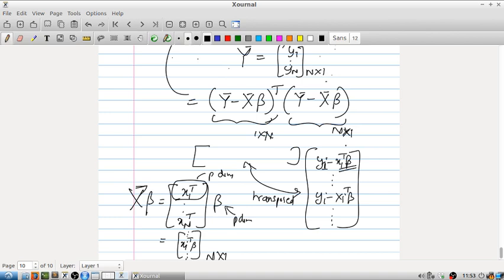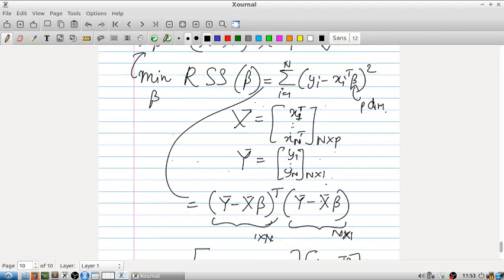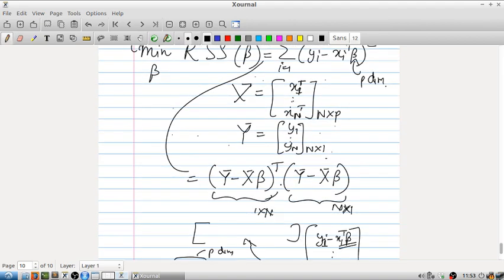And again, if you use the product rule, how do you find a product? It's element wise, right? So the ith entry is only getting multiplied with the ith entry, and it's the same scalar value, so it's a square, and you sum the squares. That's how you get the RSS objective. So this is the vector notation for the RSS objective.